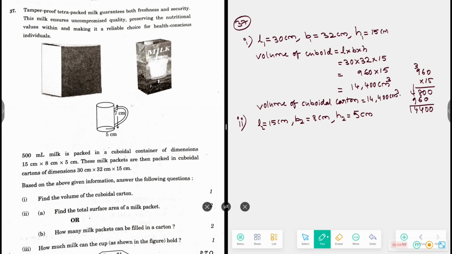Question is to find the total surface area. What is the total surface area of a cuboid?